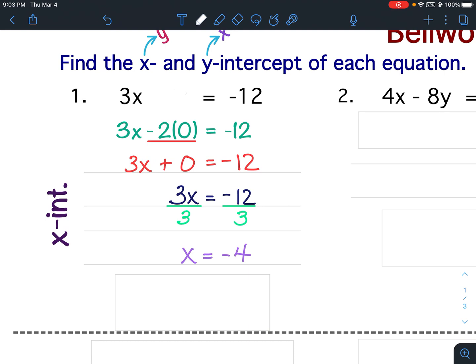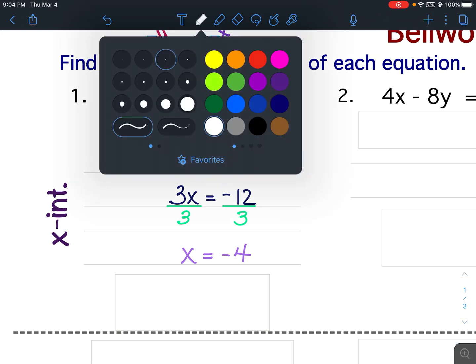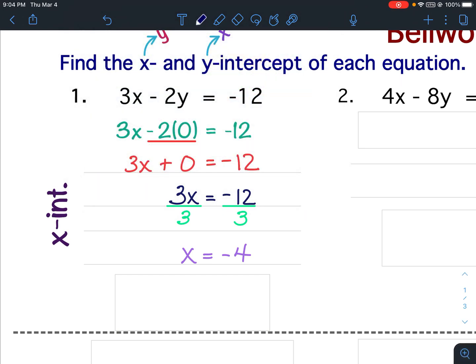If I cover that up, it's just 3x equals -12, which is what we have there in the middle. So again, when you plug 0 in for a variable, that term is going to go away. Well, for our final answer, we want to write it as an ordered pair, and y is 0, x is -4, so the ordered pair would be -4, 0.